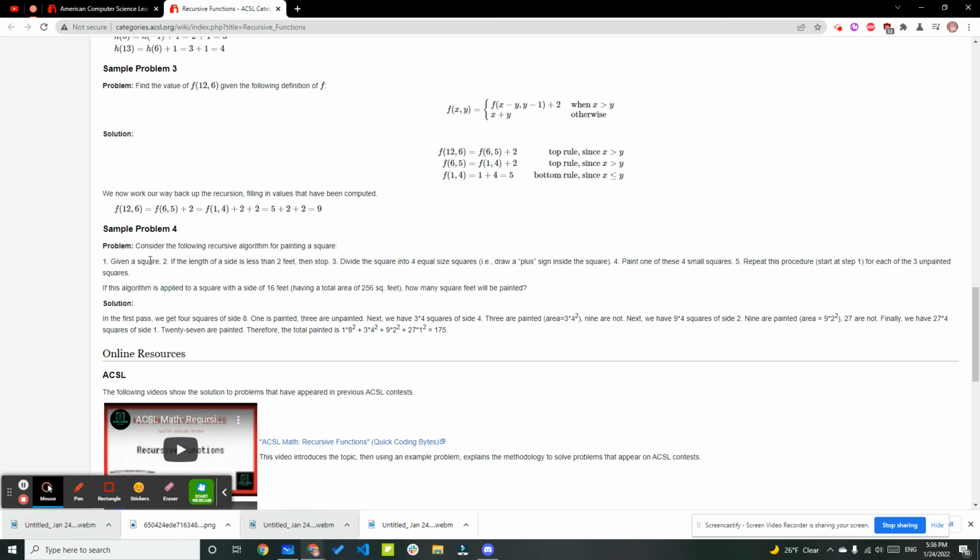So first we need to dissect this. You find the length. If less than 2 feet, then stop. So right now it's 16 feet, so you don't stop.